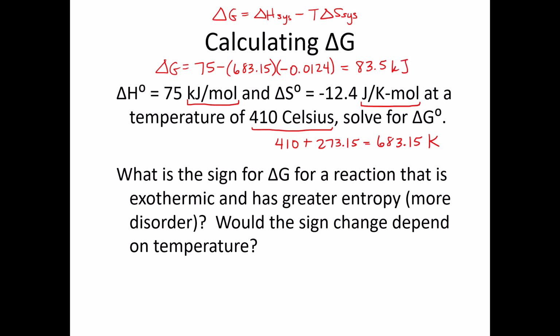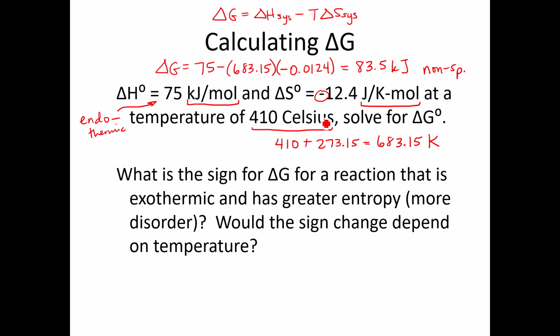Since delta G is positive, this indicates that this reaction is non-spontaneous. Now let's examine the sign of delta H and delta S. So delta H here is positive, which means endothermic for the reaction. Positive delta H is endothermic.